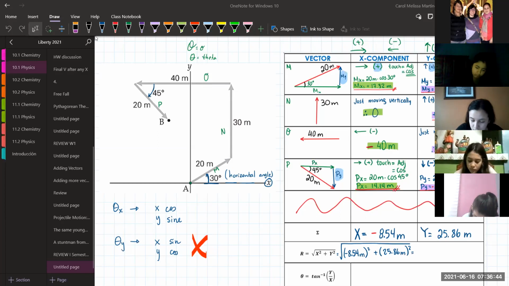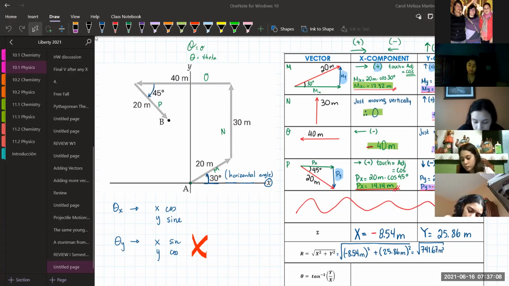This is equal to the square root of, how much is that? 741.67 square meters. Now we're going to apply the square root, so the square root is going to be cancelled with my unit. And the square root of that answer is 27.23 meters.